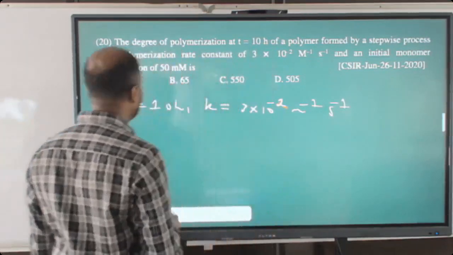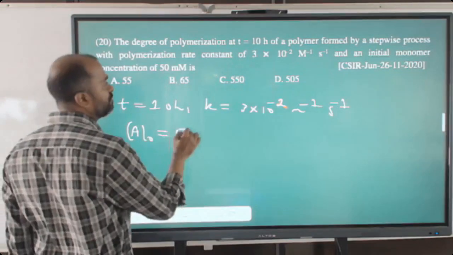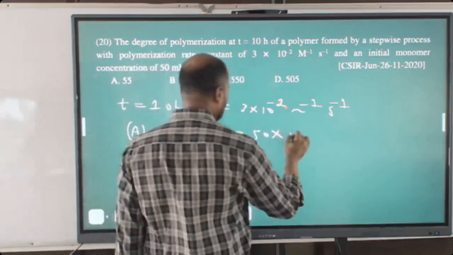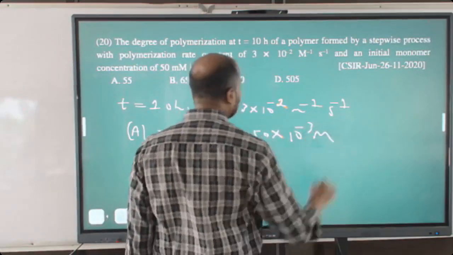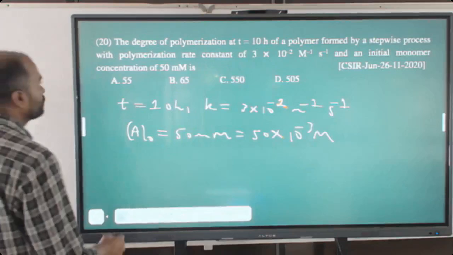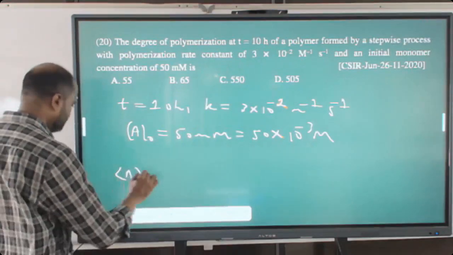The initial concentration of monomer, that is A0, is equal to 50 millimolar, that is 50 into 10 raised to minus 3 molar. Okay, then the degree of polymerization N.